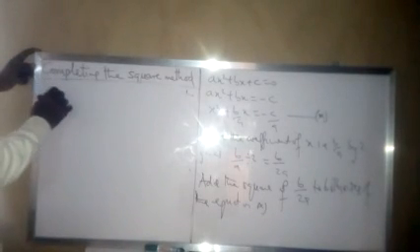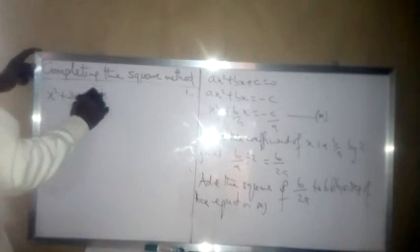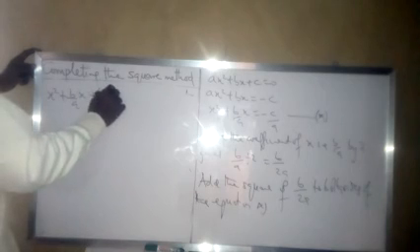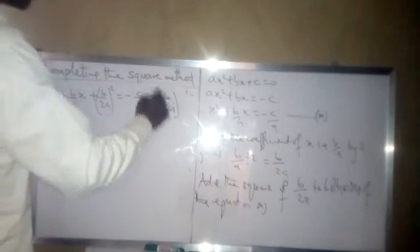So we have x squared plus b all over a x, plus b all over 2a squared, is equal to minus c over a plus b all over 2a all squared.